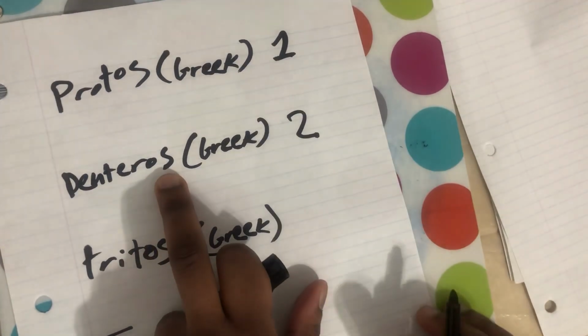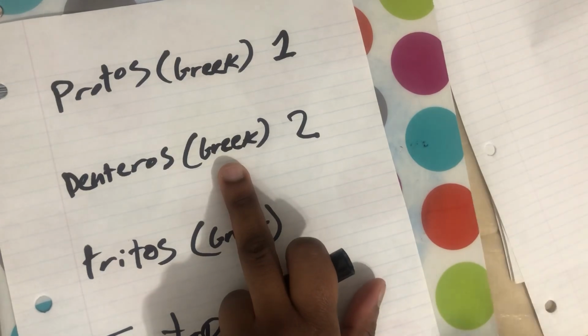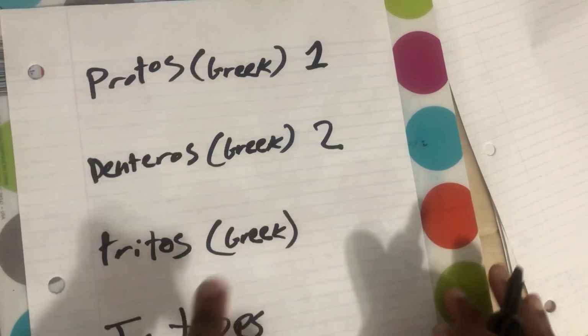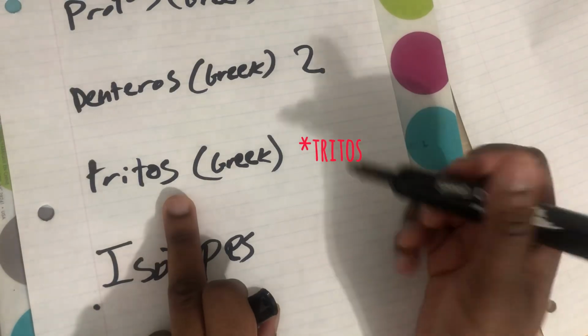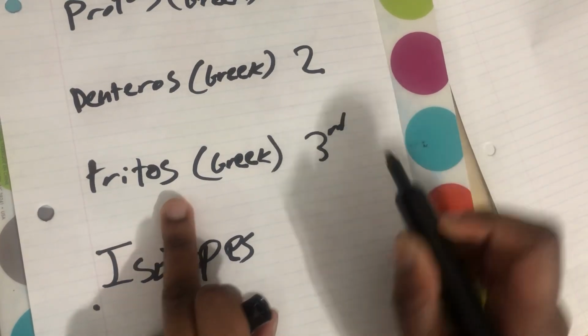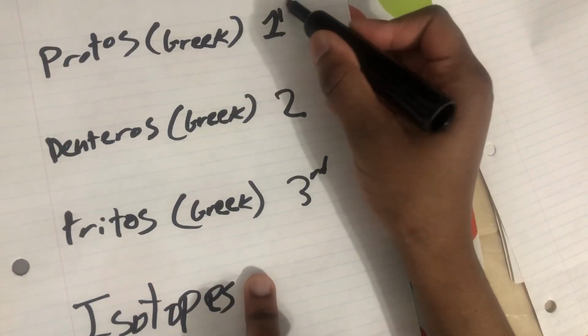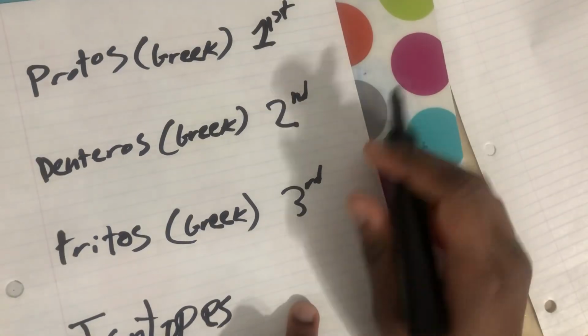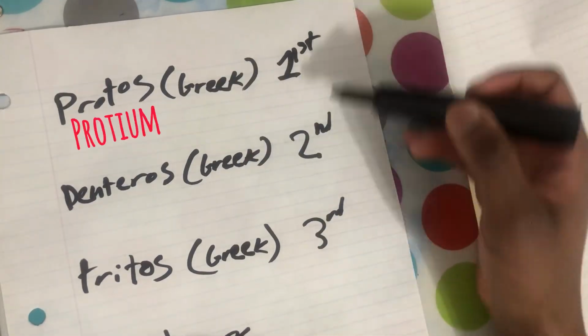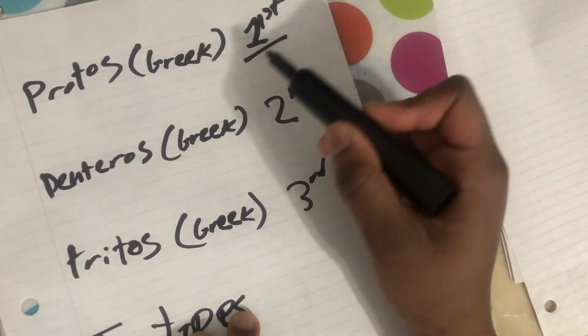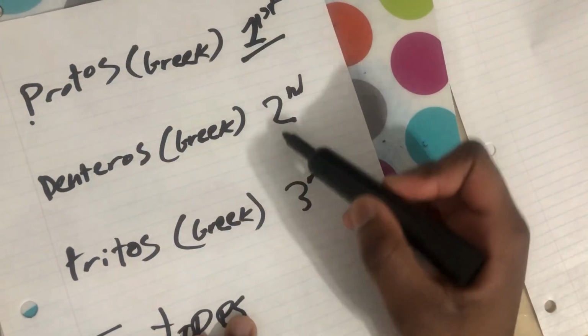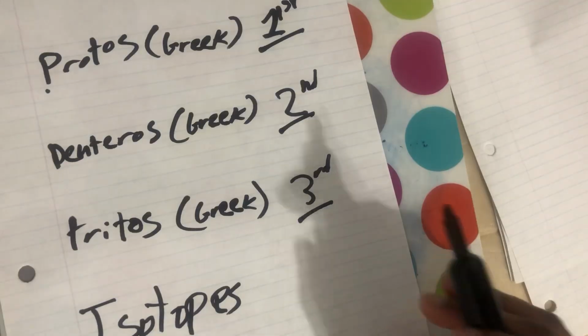Interesting fact, this is also how the biblical book of Deuteronomy gets its name, meaning second law. And tritium gets its name from the Greek word tritos, meaning third. And this also tells of their abundance in nature. So protium first, deuterium second, tritium third, and you get the numbers coming out. So that also helps.